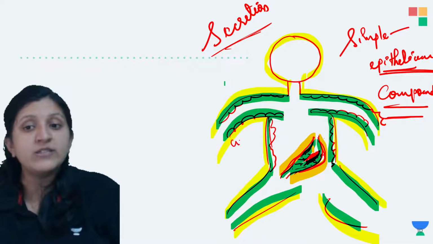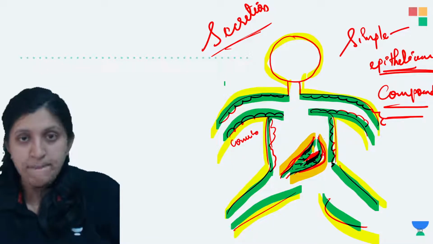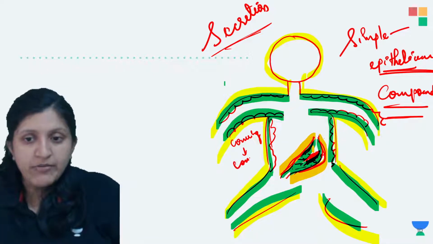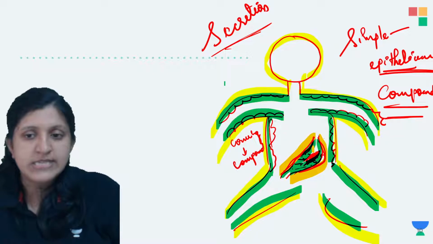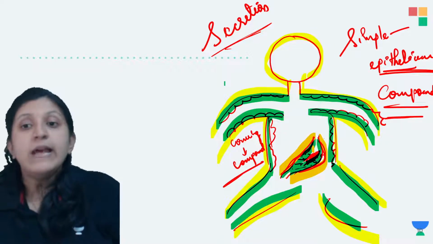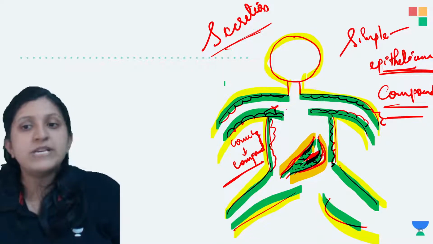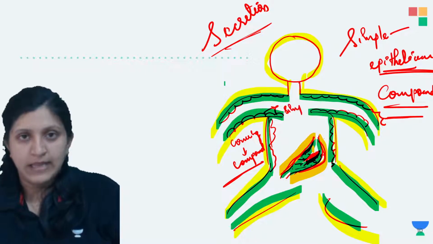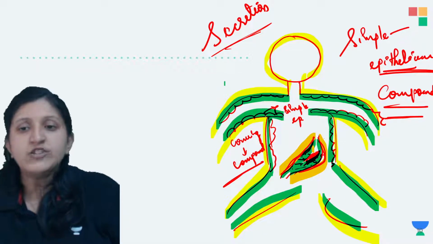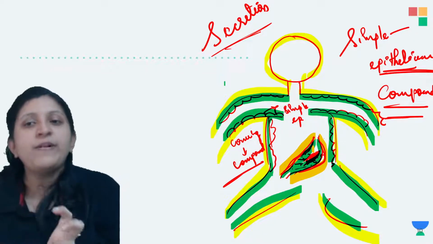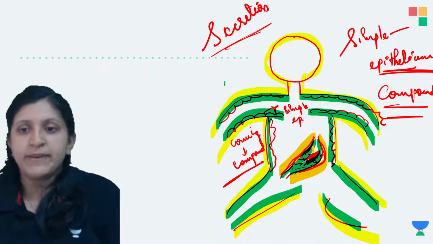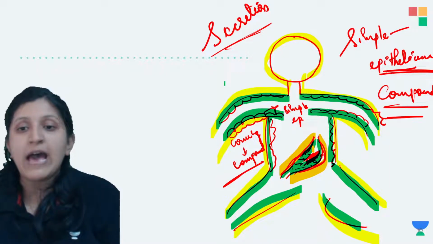So covering is basically compound, and the lining one is basically a simple epithelium. Only one layer of epithelial lining will be done, but on the outside you will have multiple layers of skin.